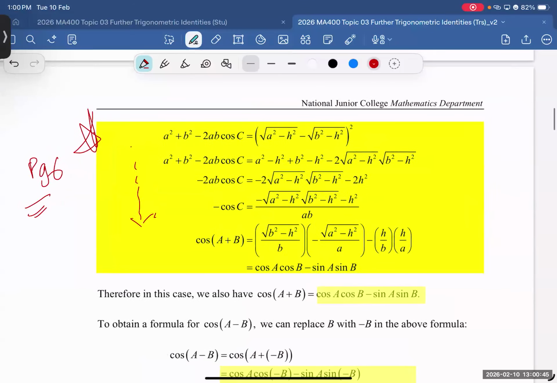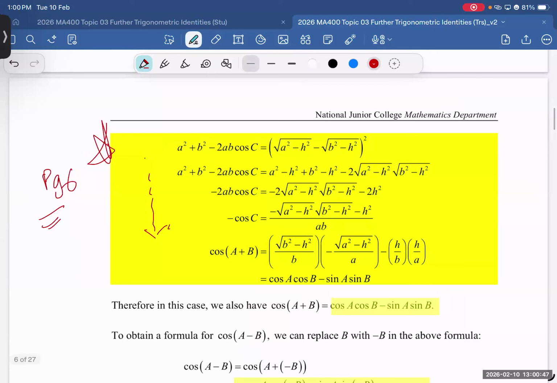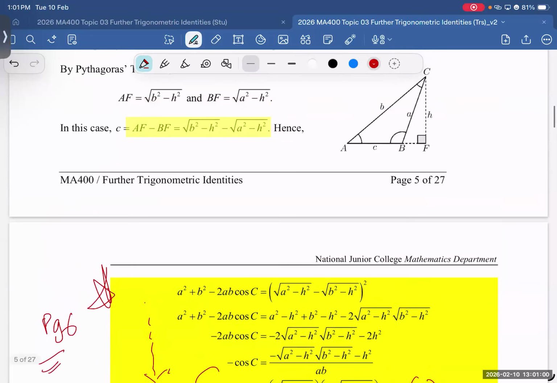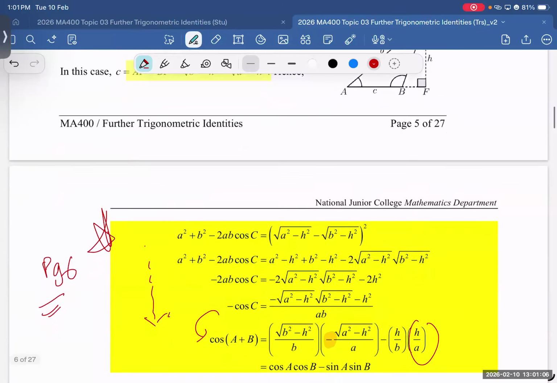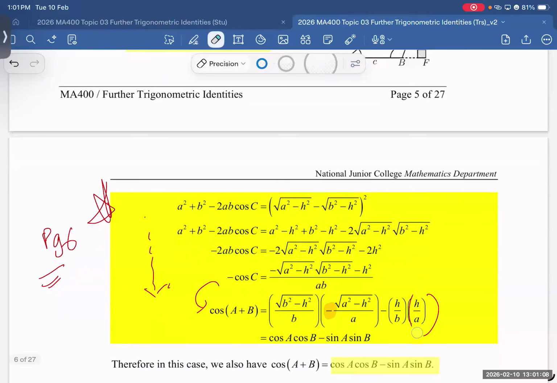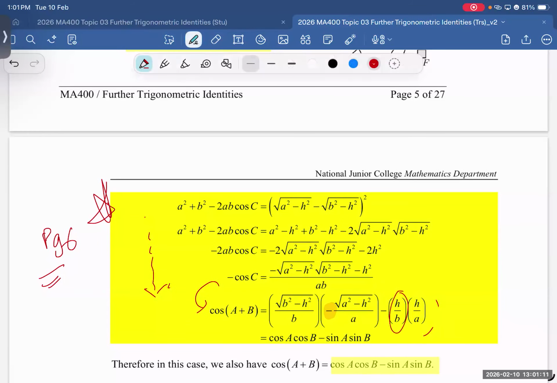Because this is the same as this, right? So here got a minus sign. This one, I believe, is minus h over b.